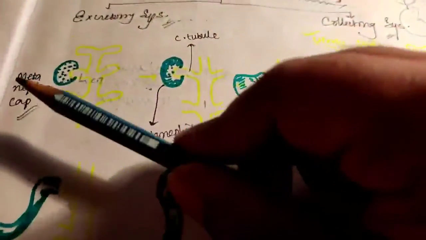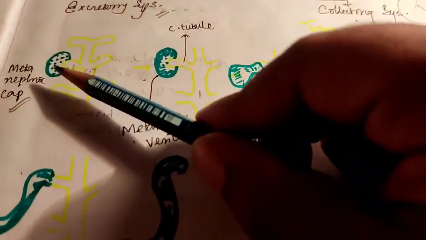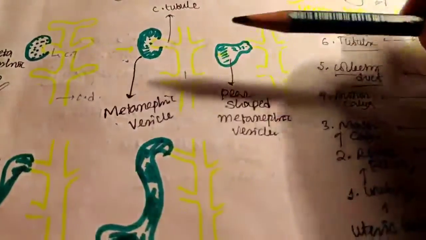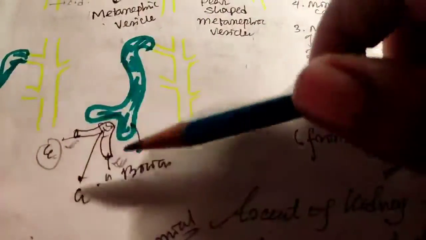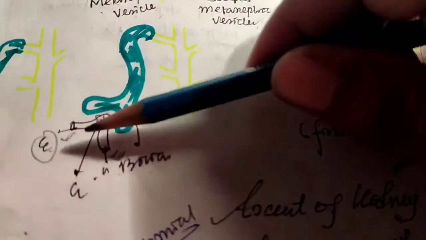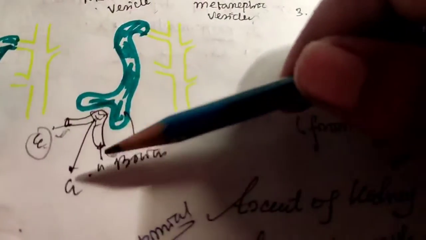For the excretory system, the metanephric cap is attached to the collecting tubule. Then metanephric cap to metanephric vesicle, then S-shaped vesicle, then metanephric tubule, which invaginates to form a cup-like structure, the Bowman's capsule, and the glomerulus with afferent arteriole and efferent arteriole. So this is the complete nephron.